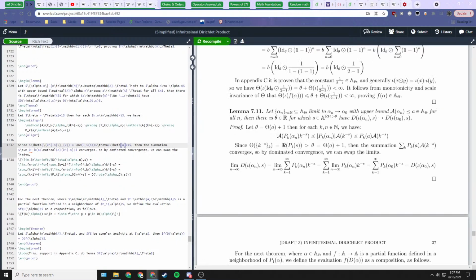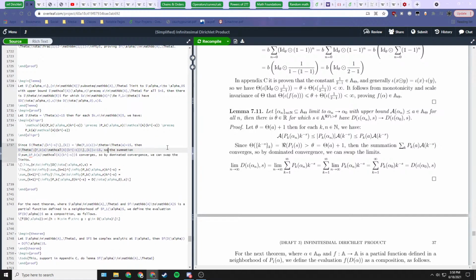Summation, actually we can say then the theta value of the sequence in terms of k is strictly less than minus 1. So the summation converges.